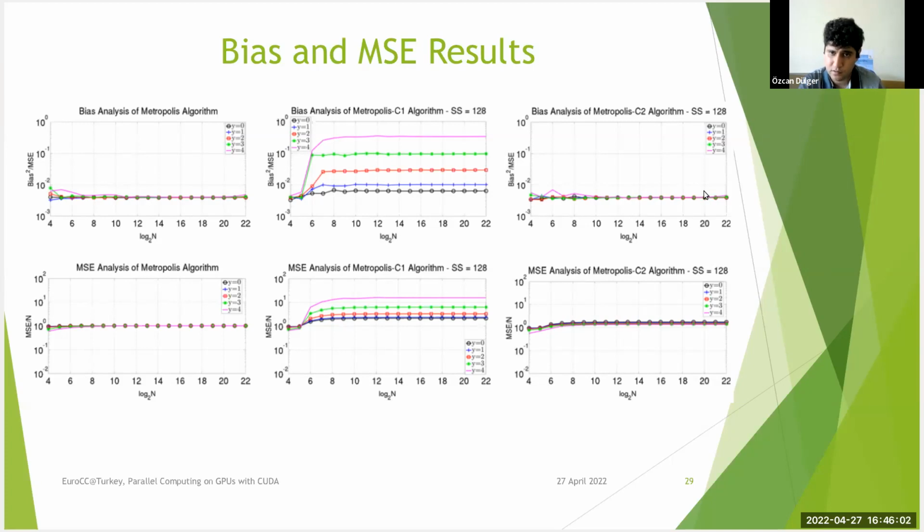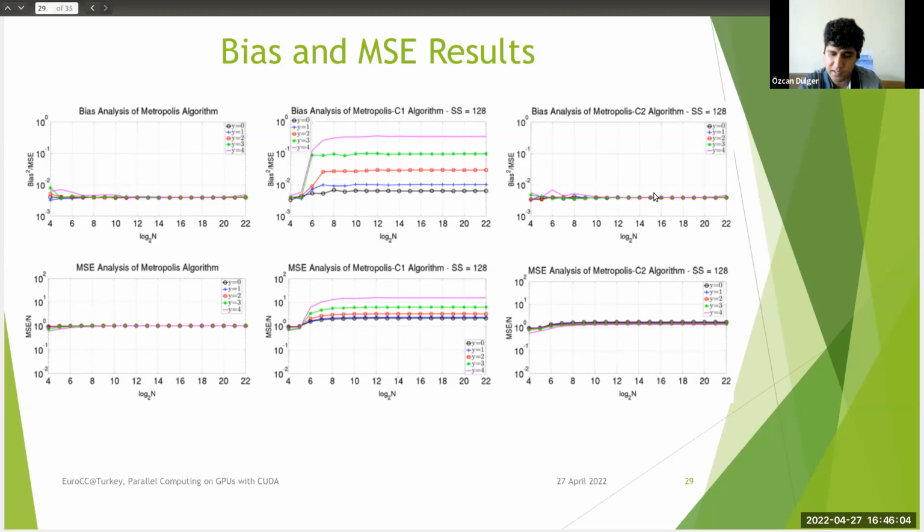Because of that, we access different segments at each iteration, so we achieve similar bias to the original Metropolis.